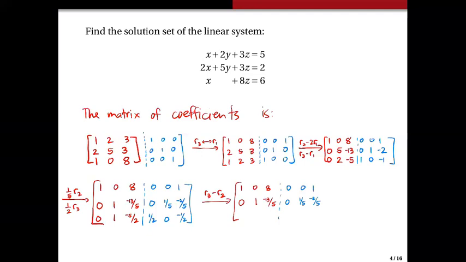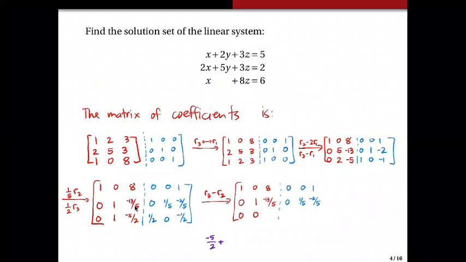For the third row, we now have 0 here. And then 1 minus 1, that's 0 there. And then in here, minus 5 halves, minus negative 13 over 5. Let me just put the calculation down here. So minus 5 over 2 minus negative 13 over 5.